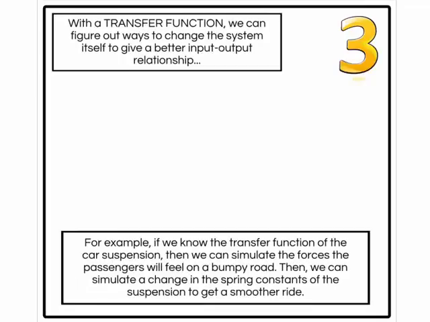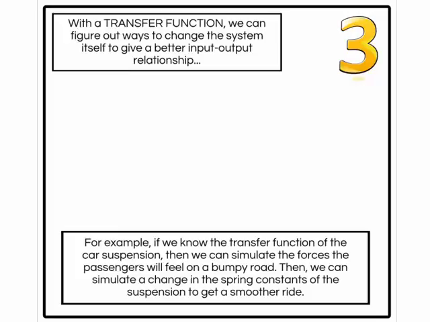Thirdly, with a transfer function, we can figure out ways to change the system itself in order to give a better input-output relationship. For example, if we know the transfer function of the car's suspension, then we can simulate the forces the passengers will feel on a bumpy road. And we can simulate a change in the spring constants of the suspension to get a smoother ride.